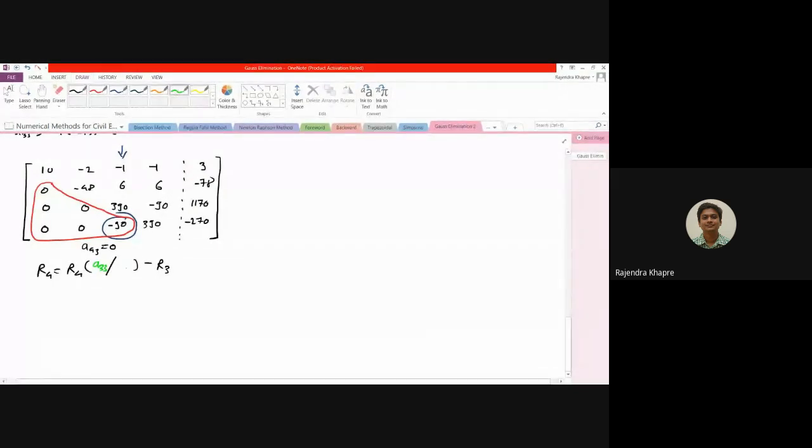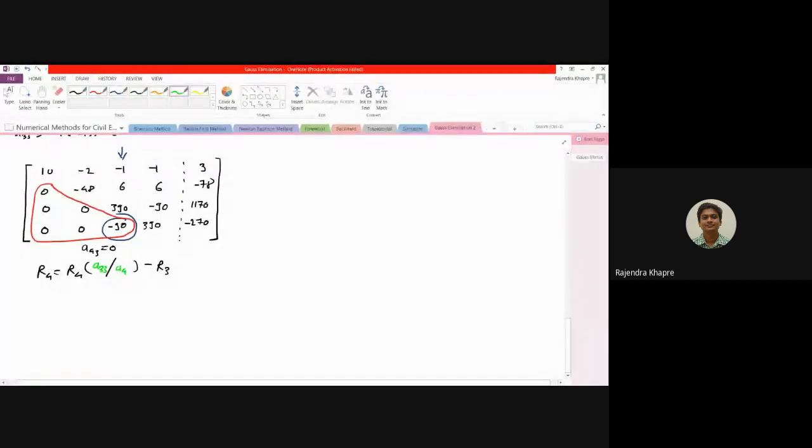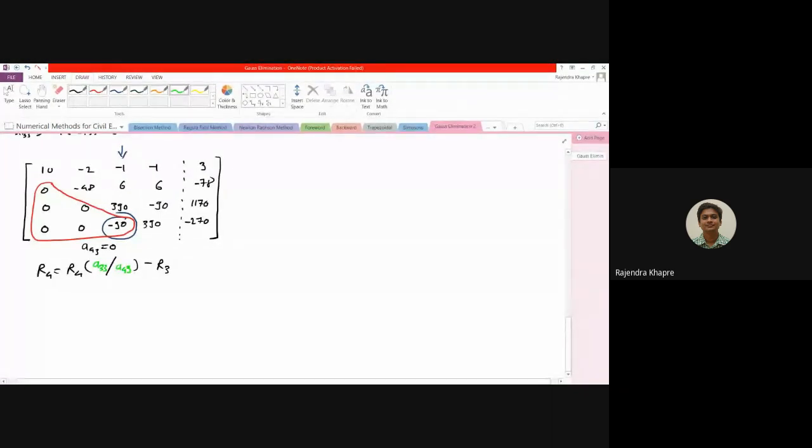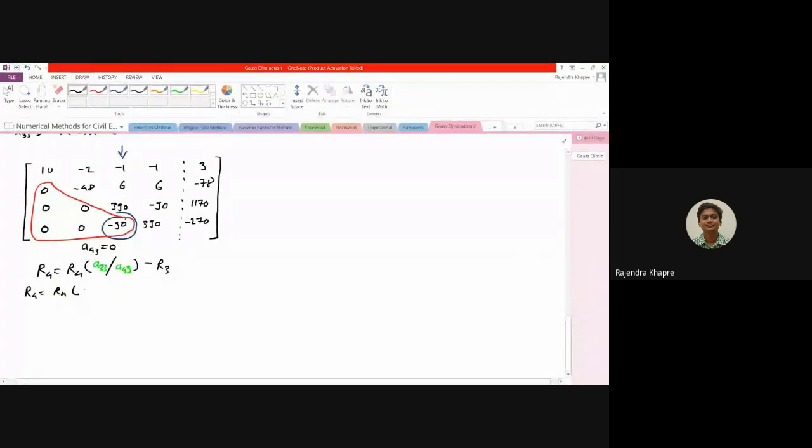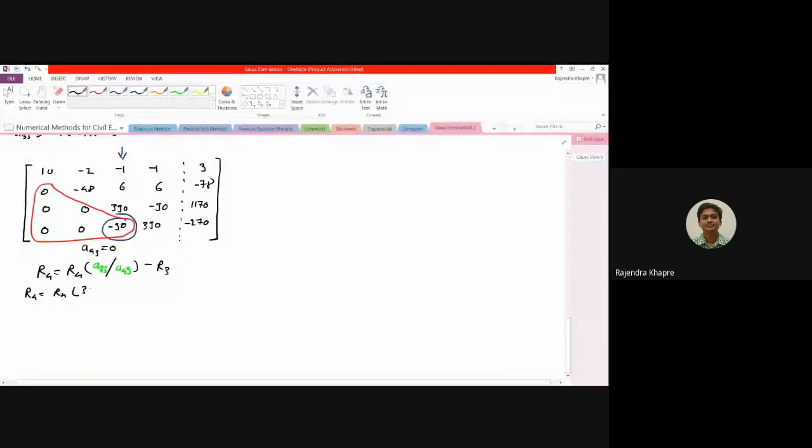So this is the fourth row and third column. Only one operation will come into picture over here. If you substitute the value, r4 will be r4 into a33, so this is 390 divided by minus 90 into r3.